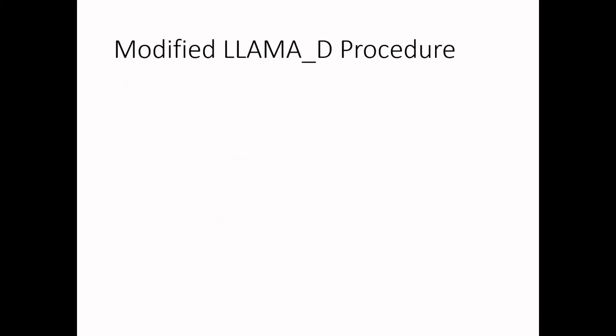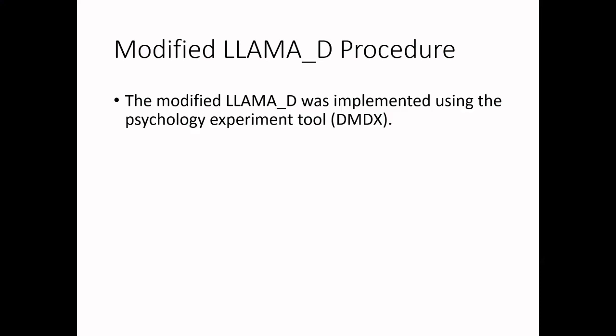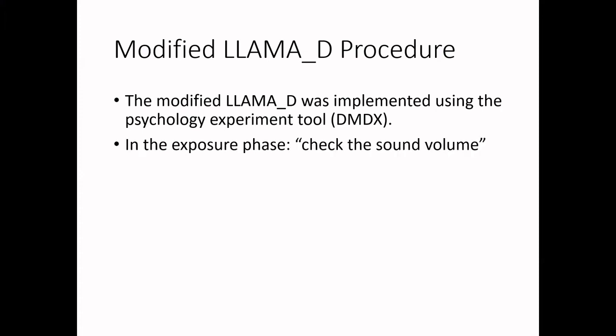Here's the procedure of the modified LLAMA-D. The modified LLAMA-D was implemented using the psychology experimental tool DMDX. In the exposure phase, participants were instructed to check the sound volume before they listened to 10 new words, in order to encourage more incidental learning.